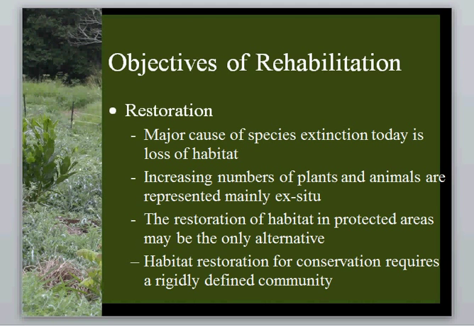It is the most difficult form of rehabilitation, because the only species that you can use, or that you try to end up with, are native species which were there before.